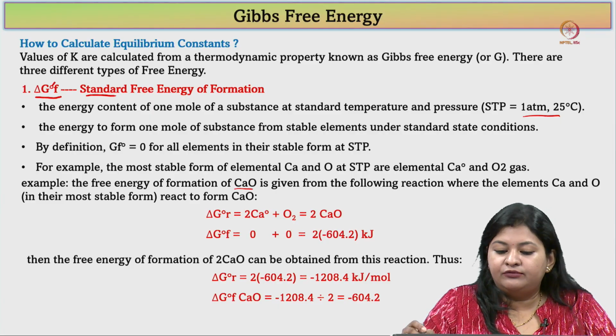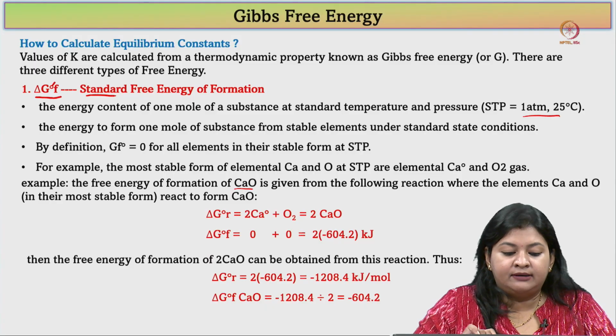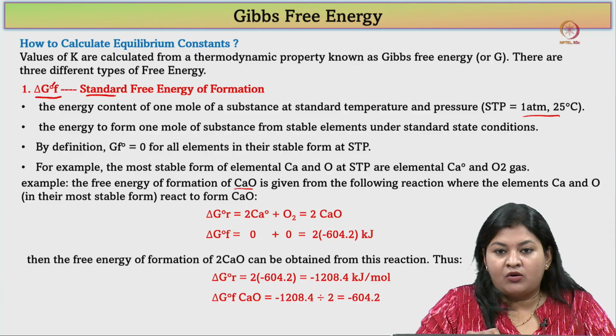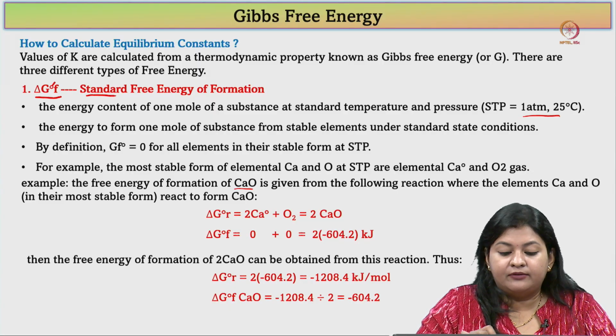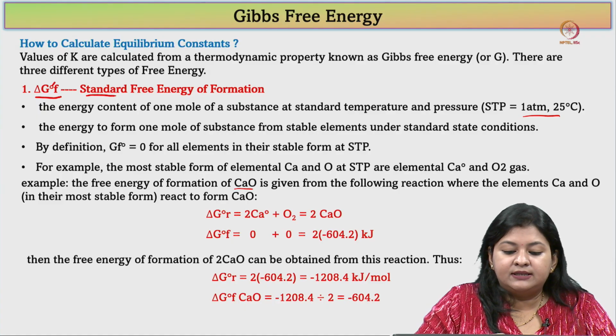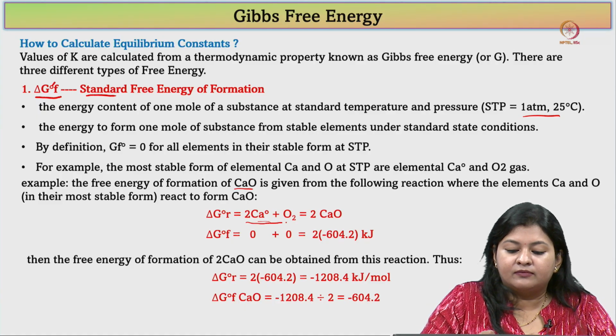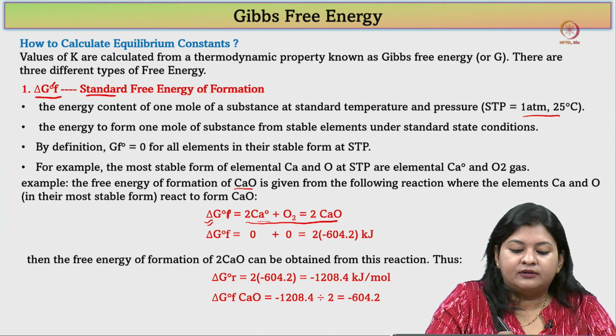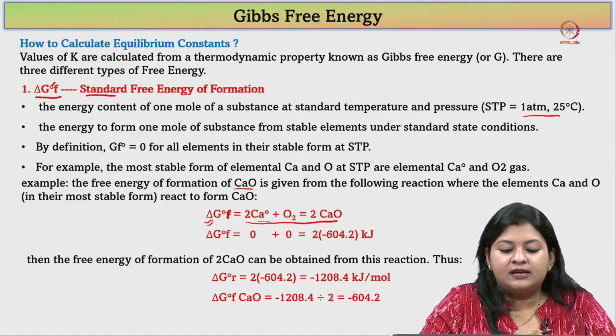So, here we are first going to write the equation, that is 2 calcium plus oxygen is equal to 2 CaO. So, if this is the equation, what is the delta GF value of calcium oxide?